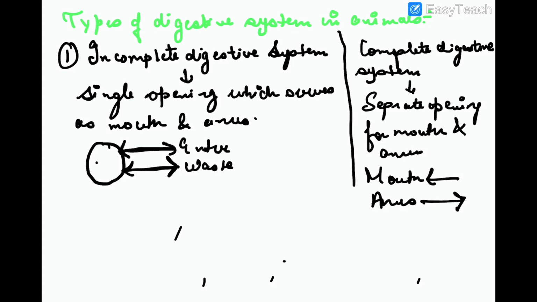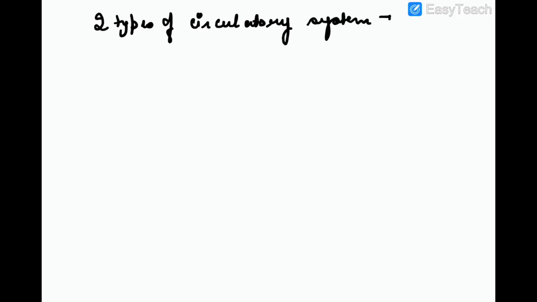Similarly, we also have two types of circulatory system. That are open circulatory system and closed circulatory system.